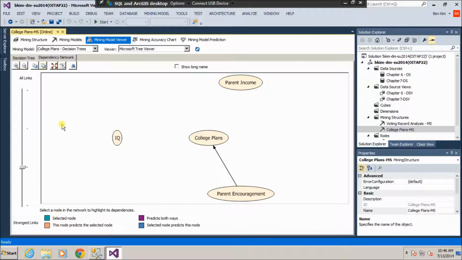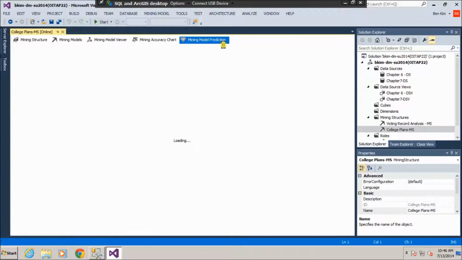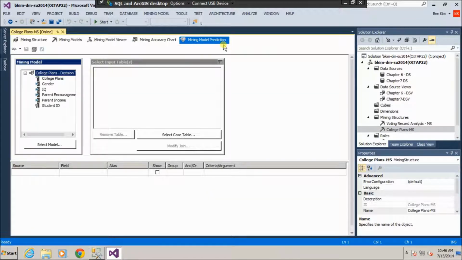All right. Now let's look at a prediction. Again, we're going to look at accuracy together with the mining models like Bayesian. We have to compare them. So let's go to this mining model prediction.